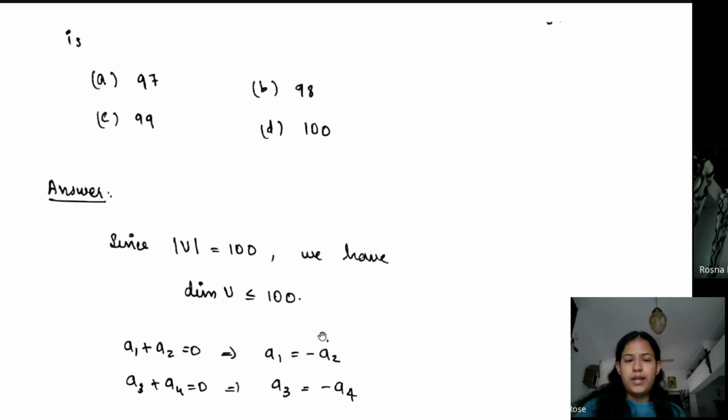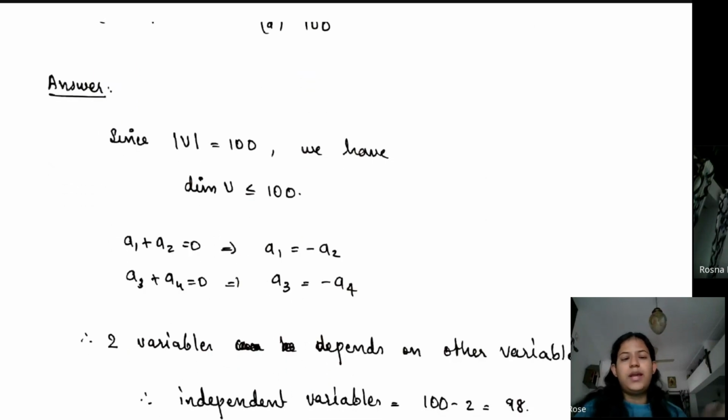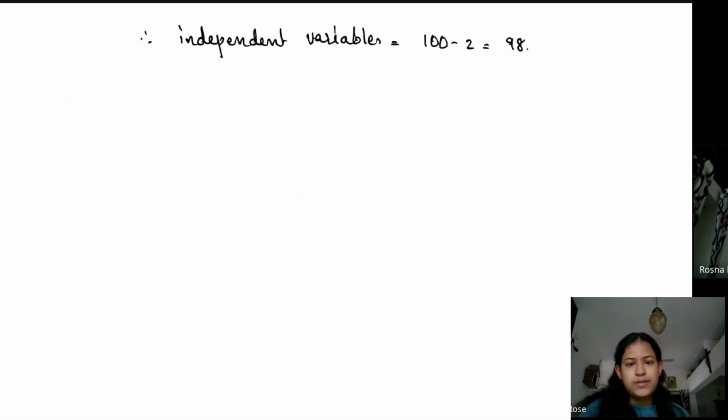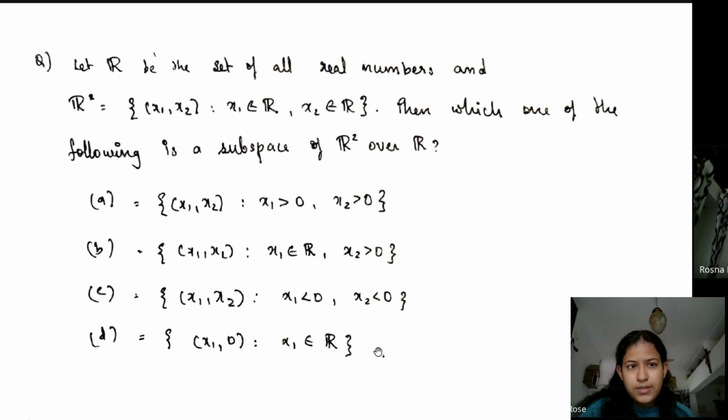So instead of 100 elements, there are 2 elements which are dependent on the other variables. We can subtract them from our total variables, so the number of independent variables is 98, and option B is correct. That was an easy question. The next one is again an easy question.